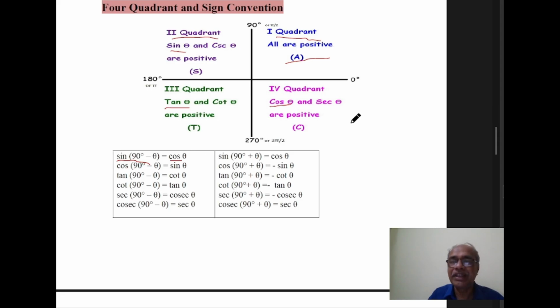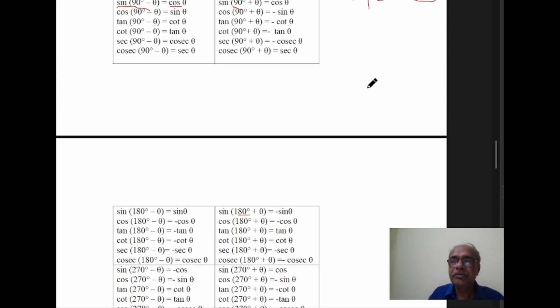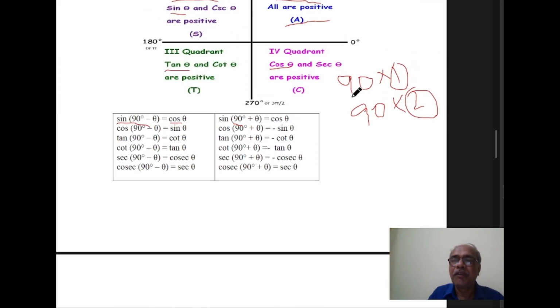Now one thing I am giving that 90 into 1 and 90 into 2. Here you see, this is the odd multiple and this is the even multiple. Whatever the angle you are getting here, you just split into the multiple of 90.